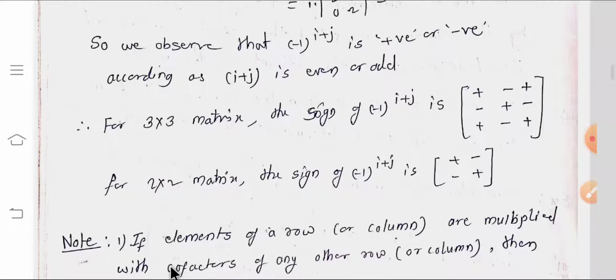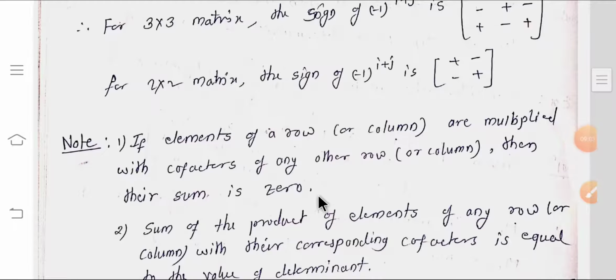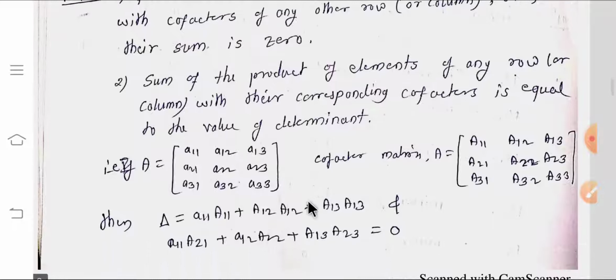Here one note: if the elements of a row or column are multiplied with the cofactors of any other row or column, then their sum is 0. Suppose A is a matrix with elements A11, A12, A13, A21, A22, A23, A31, A32, A33.